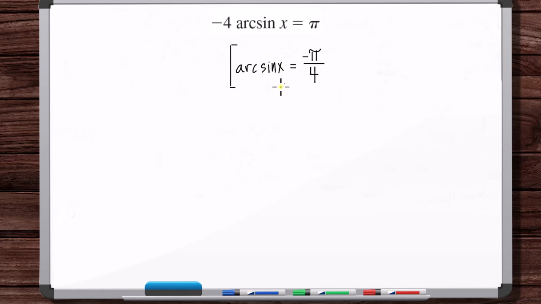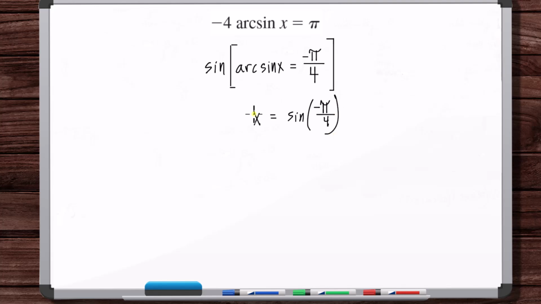We want to take the sine of both sides of this equation. Sine of arc sine of x is just x, and then we've got sine of minus pi over 4.